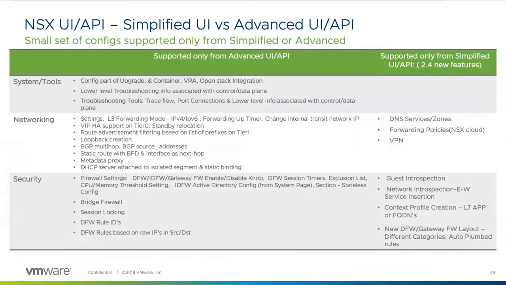So these are configs supported only from one side or the other. The main thing to point out here is that working with guest introspection is only supported from a simplified UI experience. Guest introspection is the way a third-party vendor like Trend plugs their antivirus into the environment.